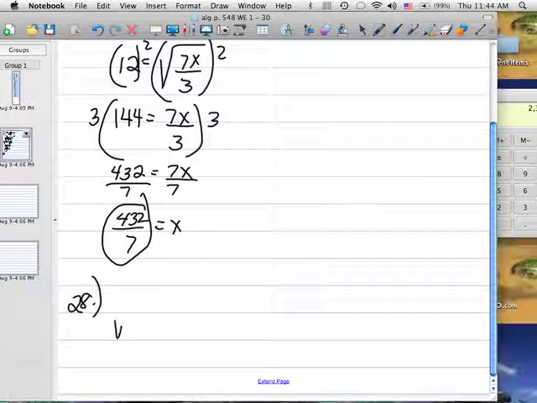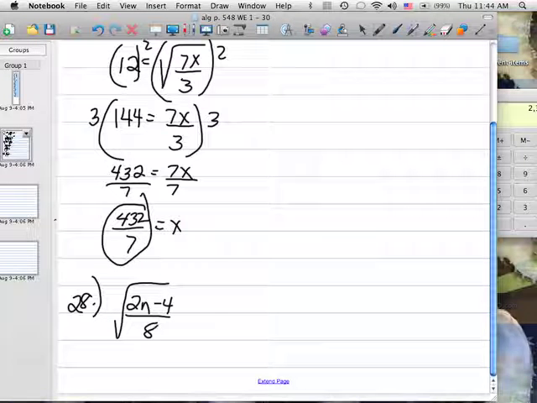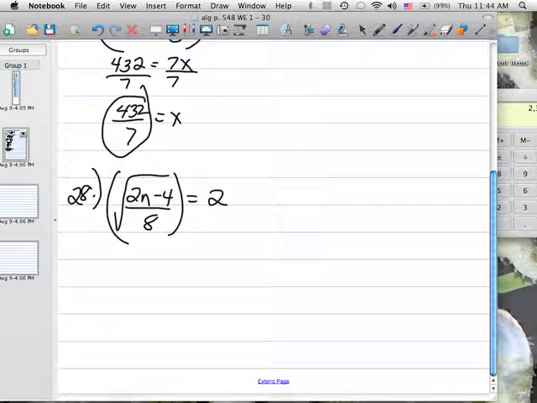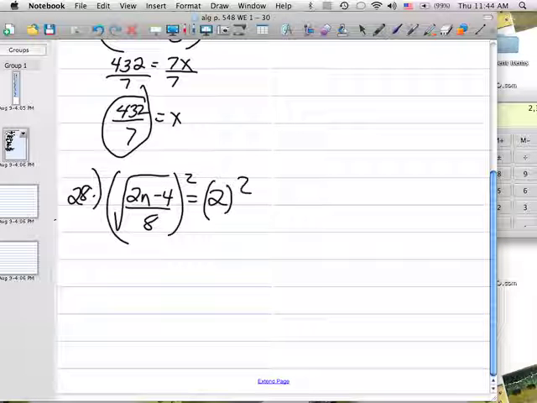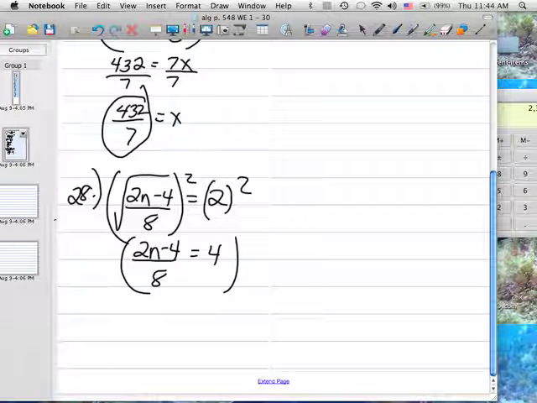We have the square root of 2n minus 4 over 8 equals 2. Since the radical is isolated, we'll square both sides, and we get 2n minus 4 over 8 equals 4. Solving for n, multiply by 8.